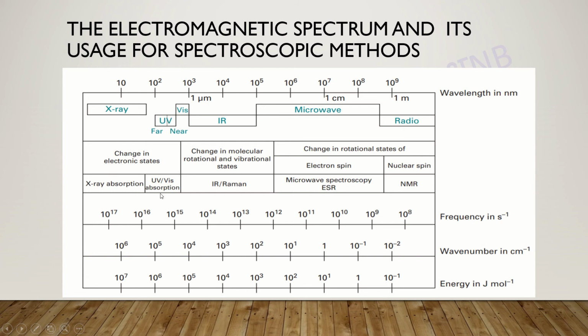X-ray absorption and UV visible absorption involve change in electronic states. IR and Raman depend on change in molecular rotational and vibrational states, whereas NMR and ESR depend upon change in spin states, that are electron spin or nuclear spin.